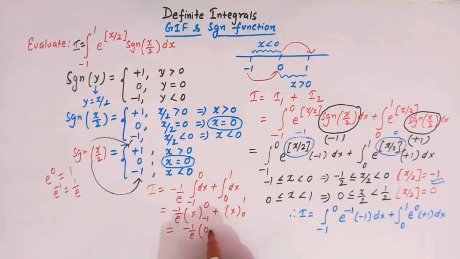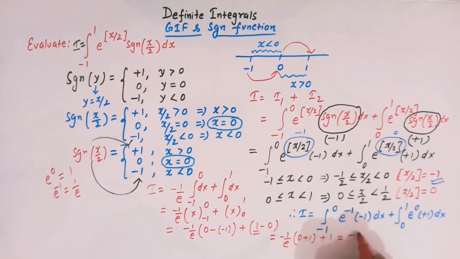So we have 0 minus 1, and here we have 1 minus 0, so this is minus 1 over e. This is minus minus plus, so we have 0 plus 1, and this is simply 1, and this is minus 1 over e plus 1, right?